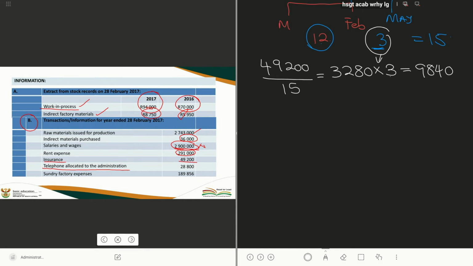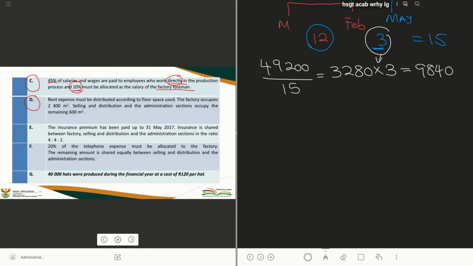Now, let's see if they have further information. Remember, we have 3 departments. We have the factory, selling and distribution, and the admin. They say 20% of the telephone must be allocated to the factory. So this must get 20%. And they say the remaining should be shared equally between the selling and distribution and the administration.